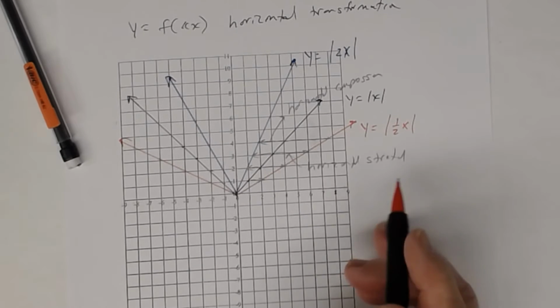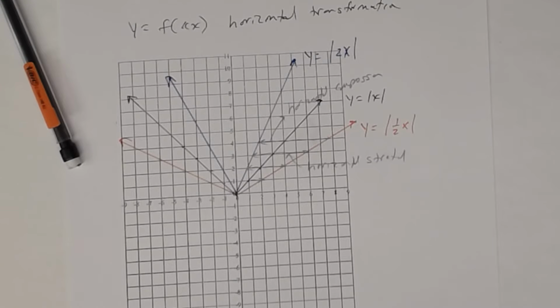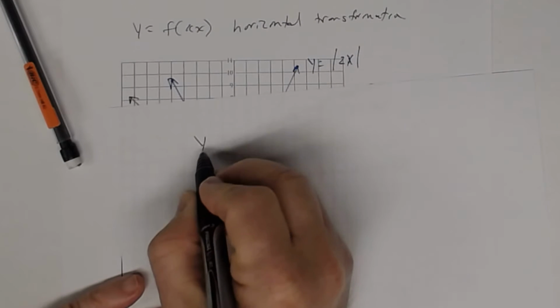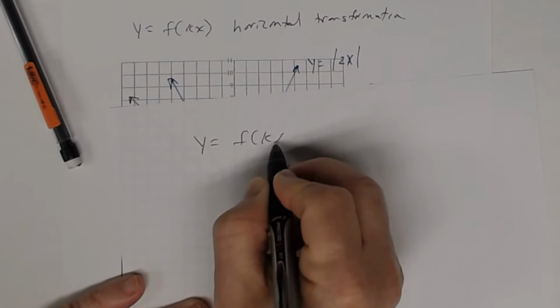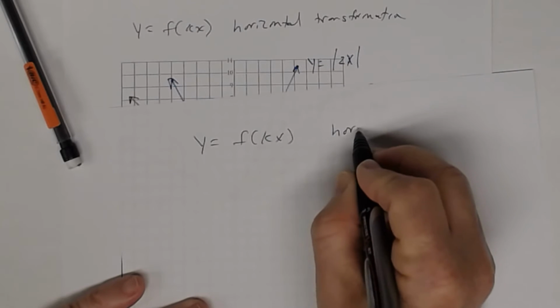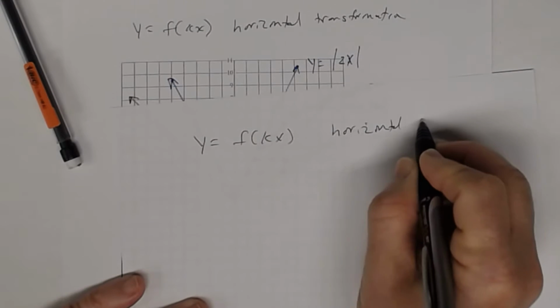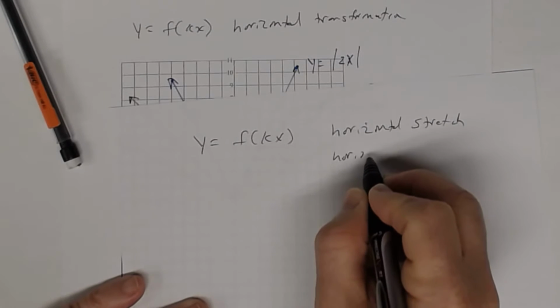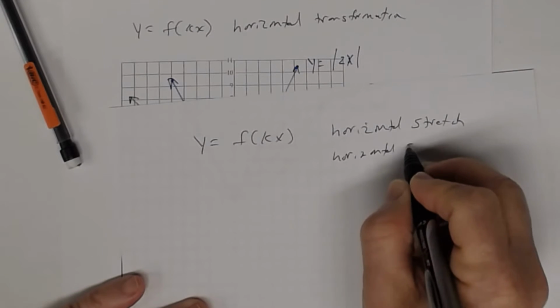All right, so let's write it this way. Listen carefully. So y equals f of k of x will be a horizontal stretch or a horizontal compression. We know that now.